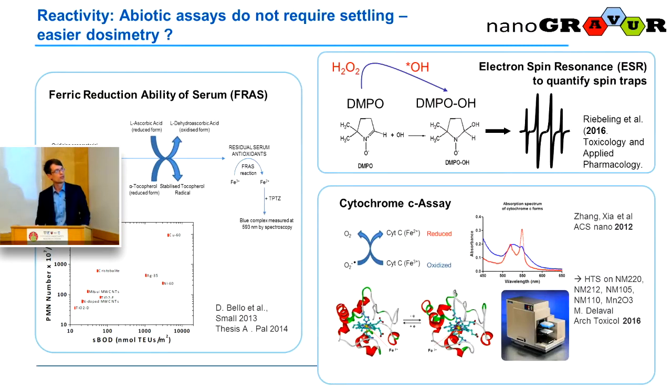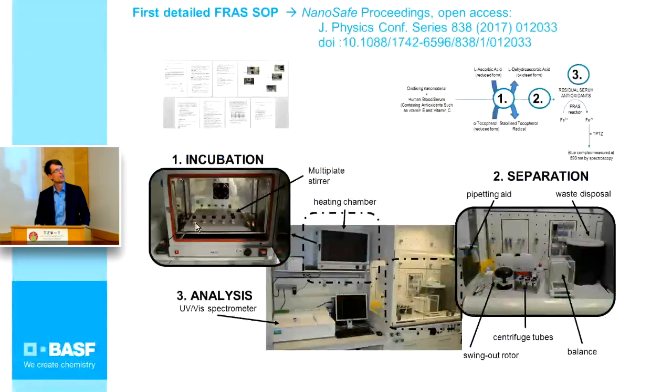And then we took up from the previous work from Dimitar Bello and others, and we looked in more detail into the FRAS assay. So here you incubate a material in human blood serum, then you remove the materials, you separate the particles out, and then you add a ferric complex that tests if the original antioxidants in the blood are still active.